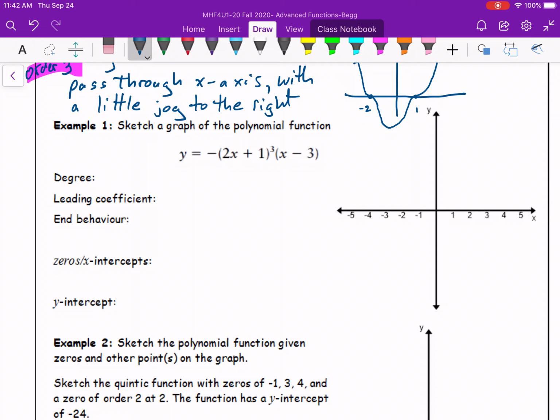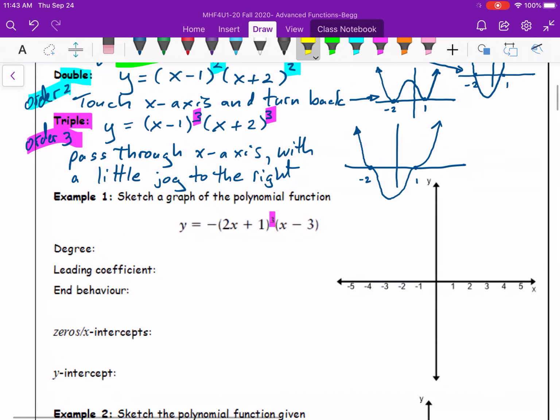What can we do? Well, I need to know a couple of things. I need to know the overall degree of the polynomial, and if I add this order 3 root with this order 1 root, that's going to be a 1.